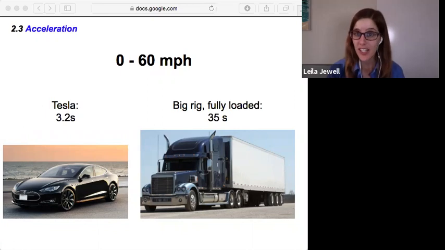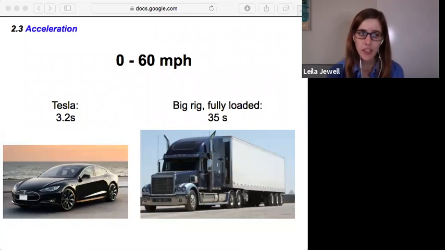This is why you don't usually want to be in the lane that they're trying to get into when they're merging on the freeway, because it just takes longer to get up to speed. They're going to be going slower. So comparing these two, they're both able to go 60 miles per hour. It's not that the big rig can't go fast.